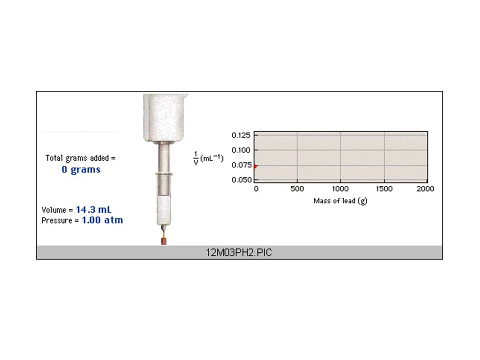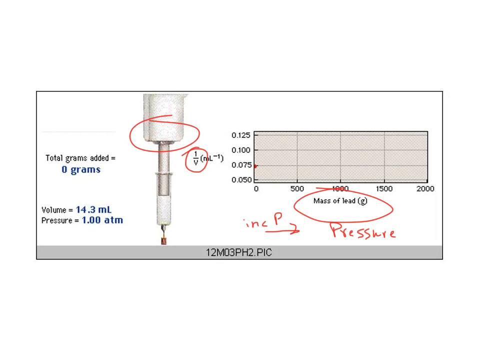So with no shot in it, they're showing you not volume, but 1 over volume. This mass that we're going to put up here relates to the pressure. As we increase pressure, we should see the volume decrease, but check this out: 1 over the volume will increase.